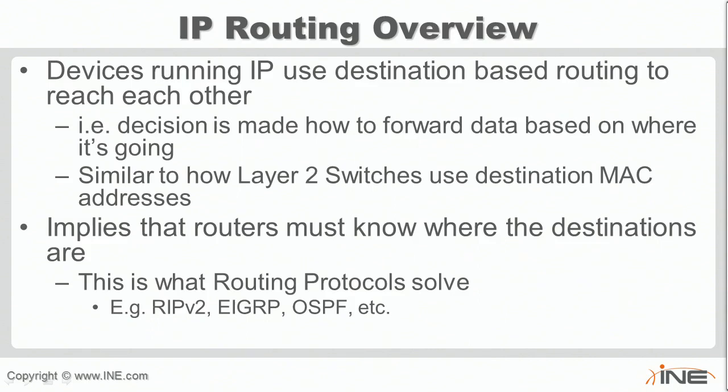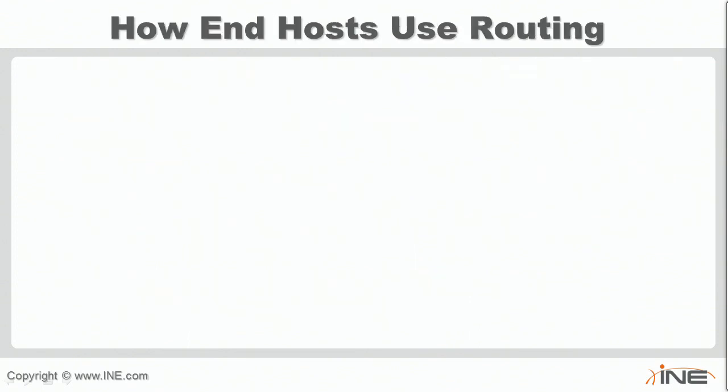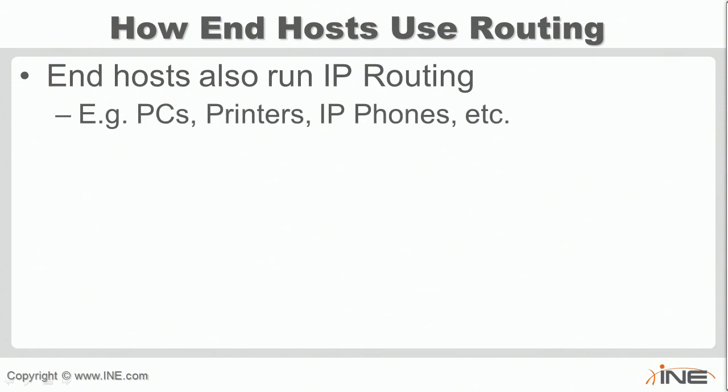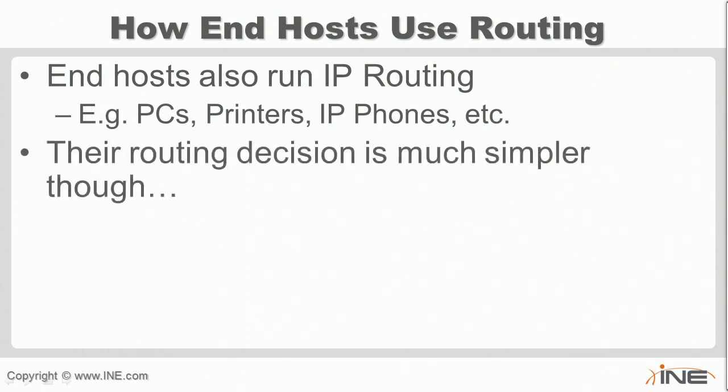But before we get into the specifics of how the routers do this with the different protocols, we need to know how the end host fits into this. Technically, the end host itself also runs IP routing, whether it's a Windows machine, a printer attached to the network, or an IP phone. Their decision is a little bit simpler, where they basically have one of two options when sending traffic into the network.